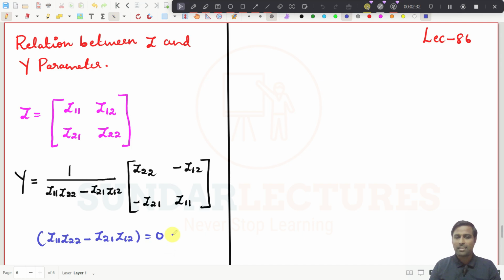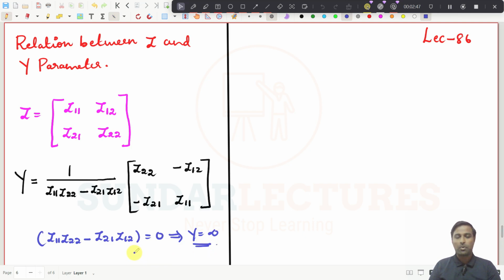Can you understand? Then the Y matrix will become infinity because you have to multiply all the terms with this particular constant value.